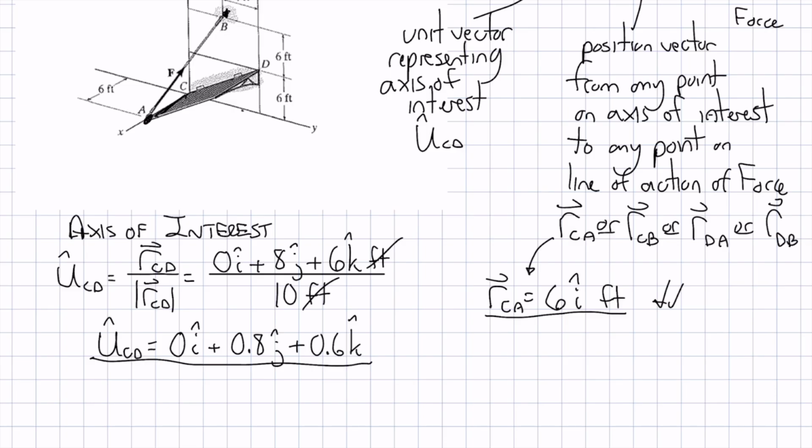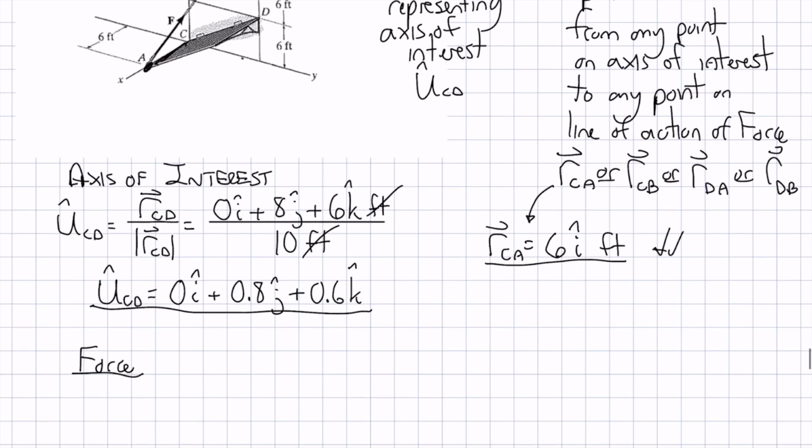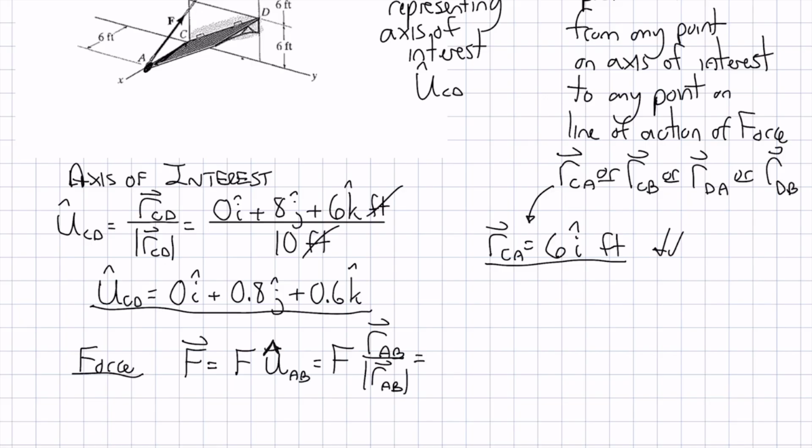And the last vector we need is the force. With the force, we need to find capital F, where we multiply its magnitude, which is in this case 140 pounds, by the unit vector that points from A to B. You can see that we are going to go -6 i hat plus 4 j hat plus 12 k hat feet.